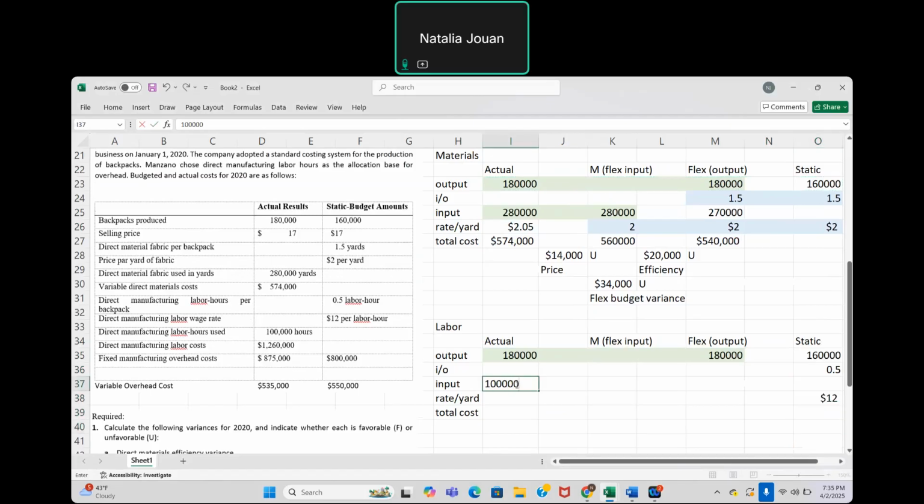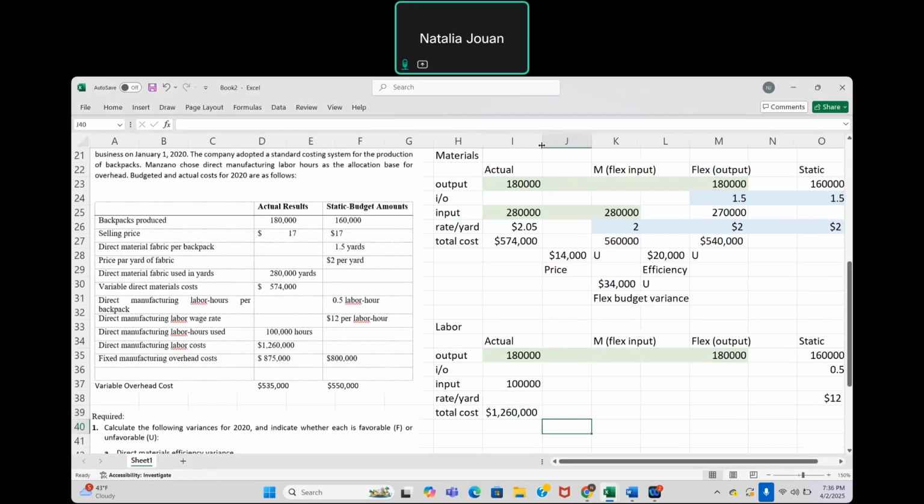Okay. And the actual labor cost, 1,260,000. Okay. All right, that's it. This is fixed overhead and this is variable overhead. So we can ignore the rest, but we have everything we need to solve for variances.